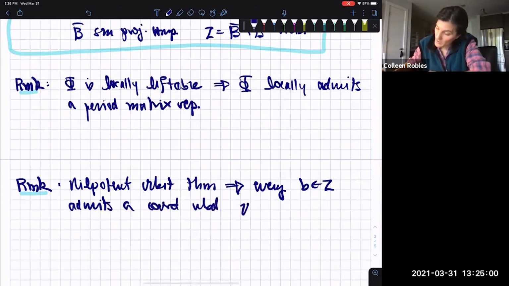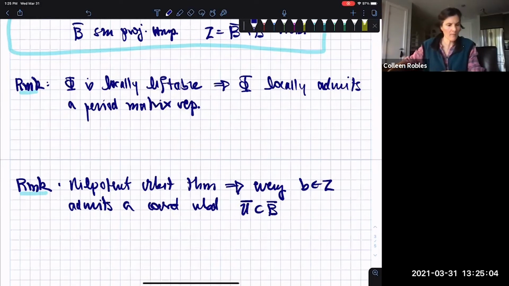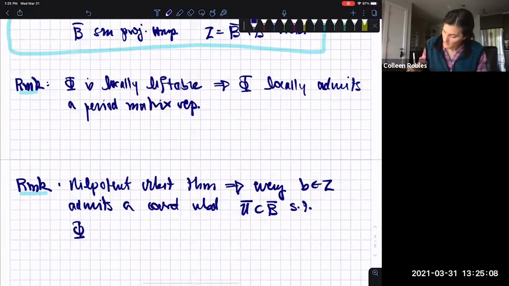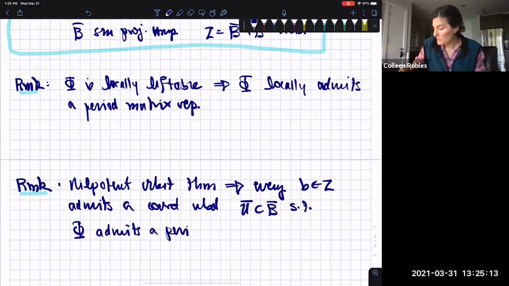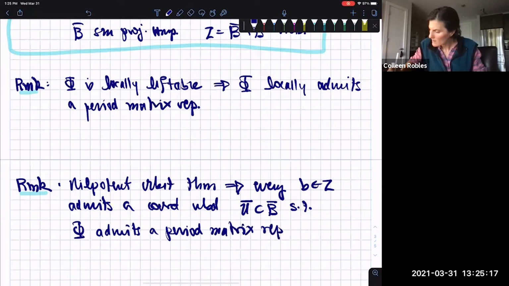Let's call these coordinate neighborhoods U bar contained in B bar, so that phi admits a period matrix representation over the punctured coordinate neighborhood U.